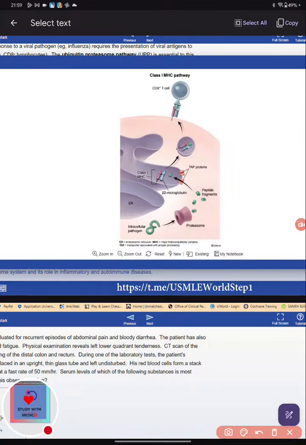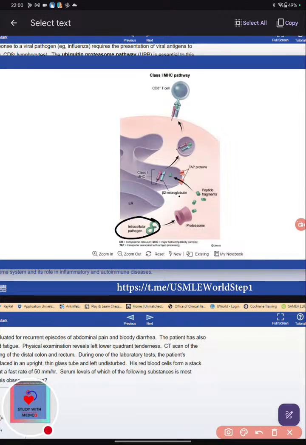So this is the MHC class 1 pathway, and if you see, this is the endoplasmic reticulum, and this one is the MHC class 1, the major histocompatibility complex, and beta 2 microglobulin is here. So what is happening?